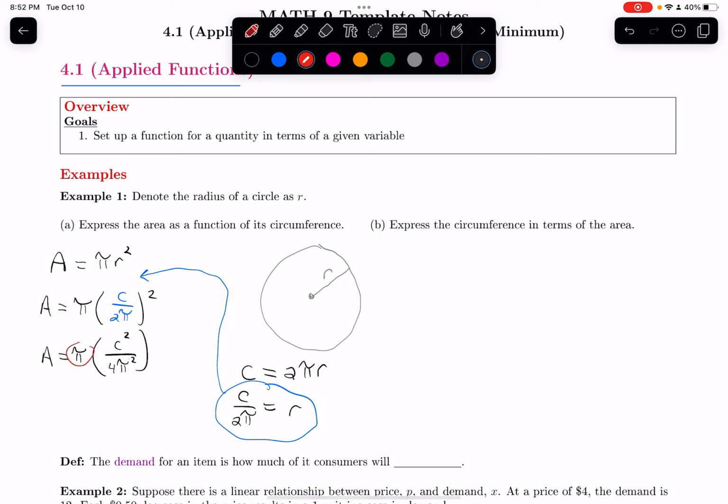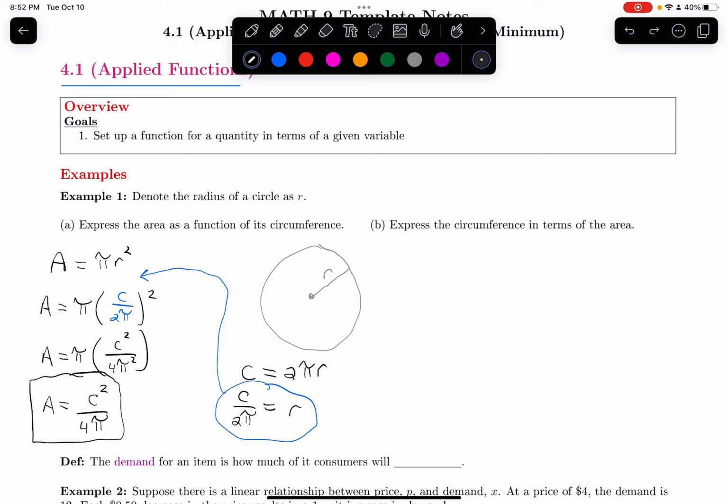Now I can cancel a pi from the top and the bottom, and that gives me area equals c squared over 4 pi. And now I got what I wanted: area on one side of the equation, and the only variable on the other side is c, the circumference. That's what it means to get the area as a function of circumference.